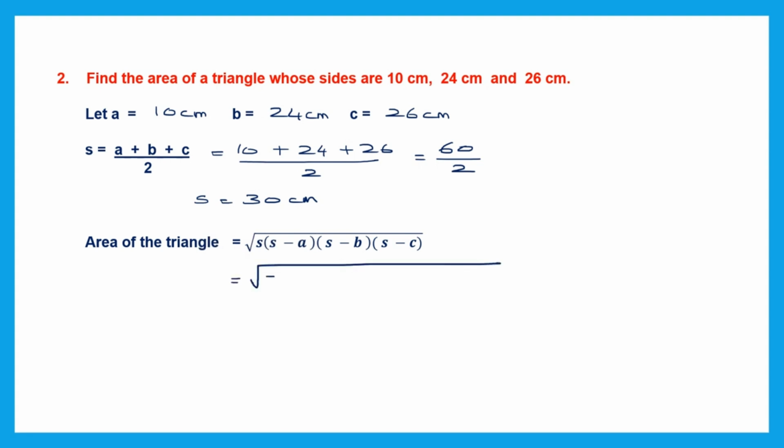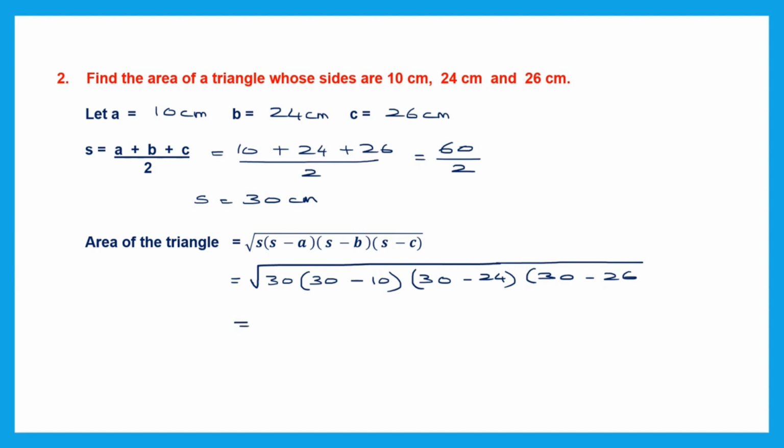So S is 30. Now again, 30 minus A is 10. Then we have 30 minus B, which is 24. Then let's continue. So we have 30 minus C, and C is 26.